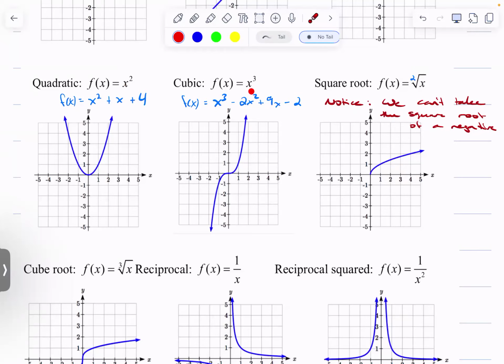If I take negative 3 to the power of 3, I get a negative number back. Negative 2 to the power of 3 is negative 8, but it's off the charts. It's okay. So these graphs show us the possible outputs as well.